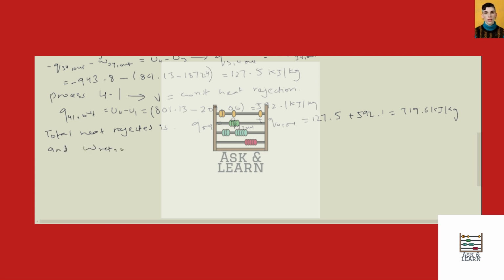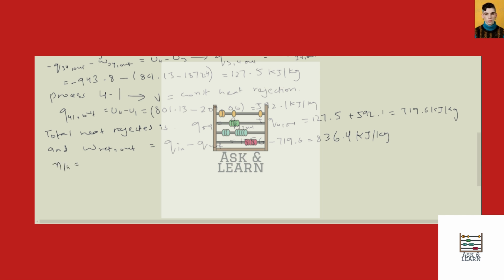And net work outward is equal to Q in minus Q out, which is 1556 minus 719.6, equal to 836.4 kilojoule per kg.